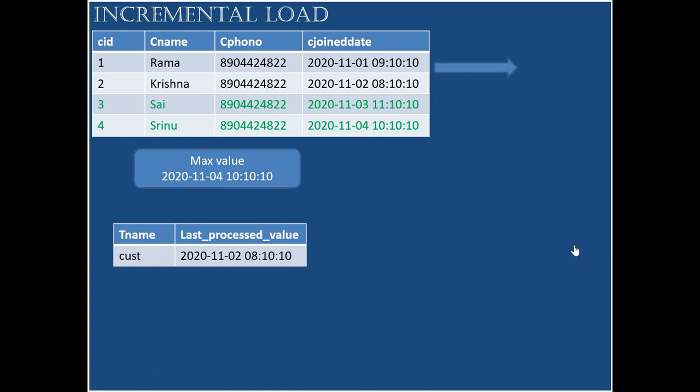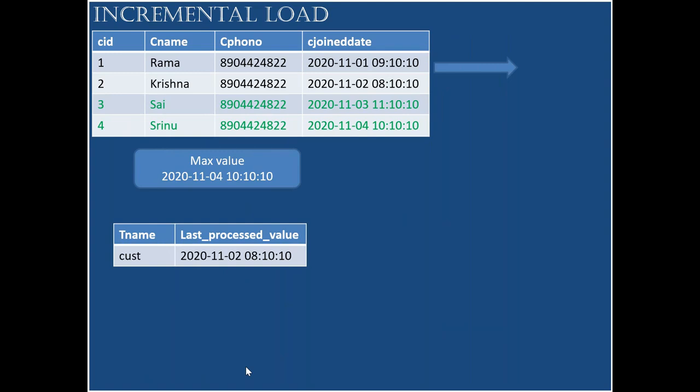Okay. Now, Mahesh, can you give me the query to query the source table? What is the query that I need to write here? Mahesh, you are not there. Okay, Geeta, will you be able to give me the query to get incremental records?